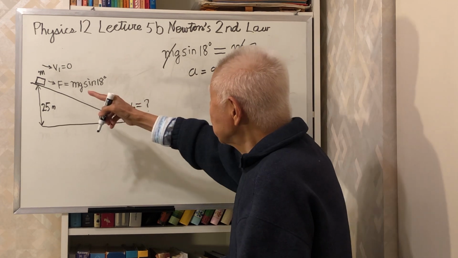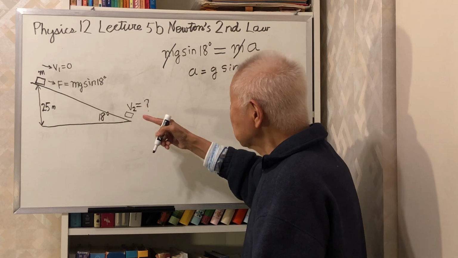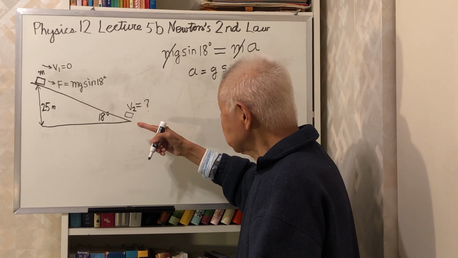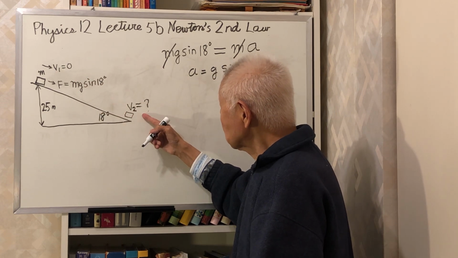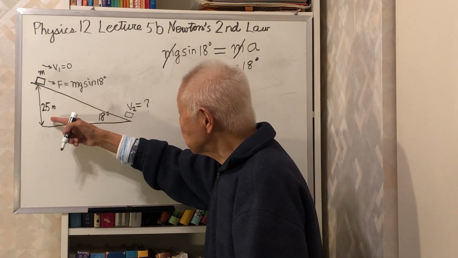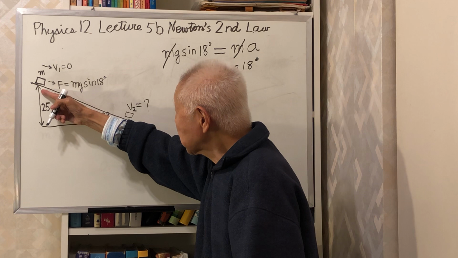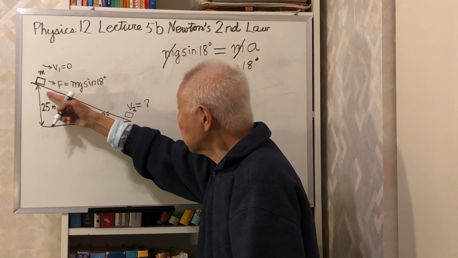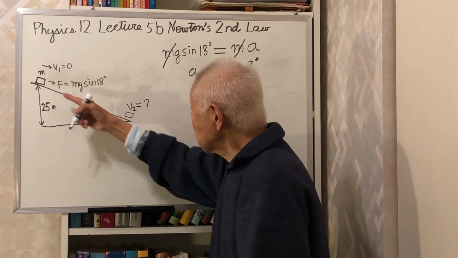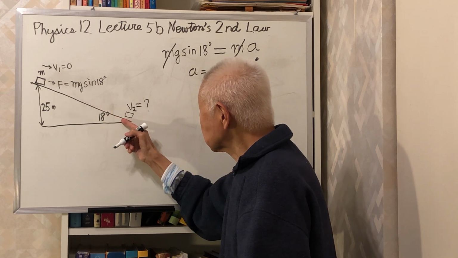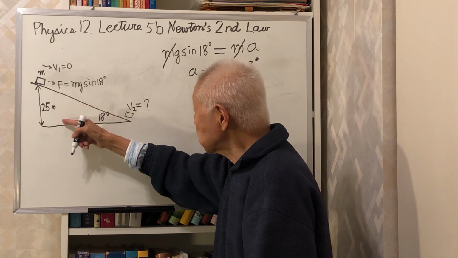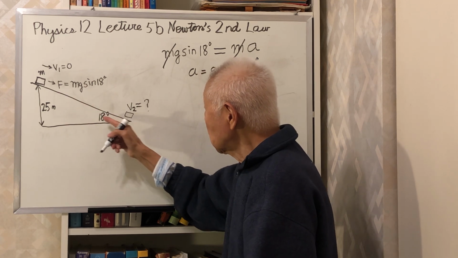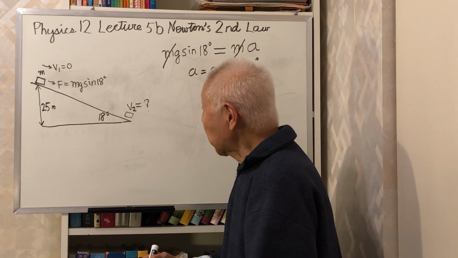So I know the acceleration along the inclined plane, and I know v1, and I know v2. I know this 25, so I can find how long this distance is. Now this is the hypotenuse relative to 18 degrees, and this is the opposite side relative to 18 degrees. So again, this is a sine relation.